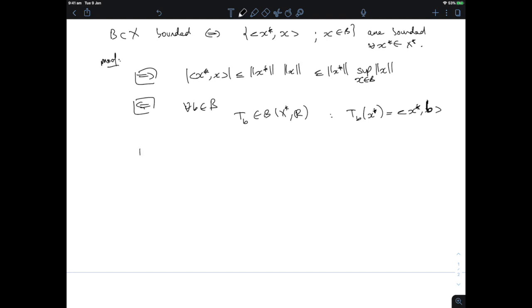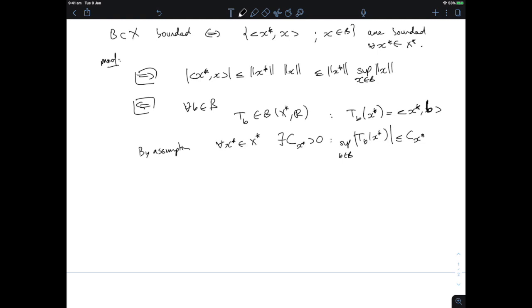By assumption, we have that for every x star in capital X star, there exists a constant, possibly depending on that x star, such that if I take the supremum of Tb of x star over all b in B, this is in absolute value smaller than C x star.